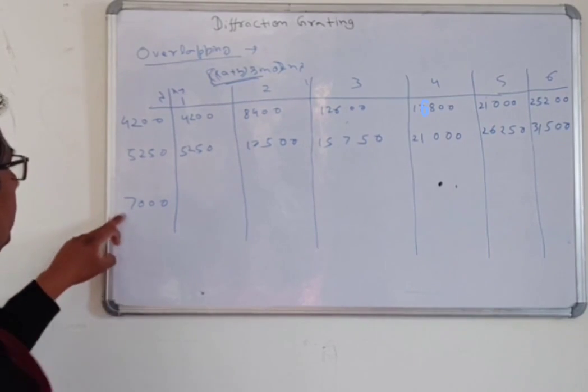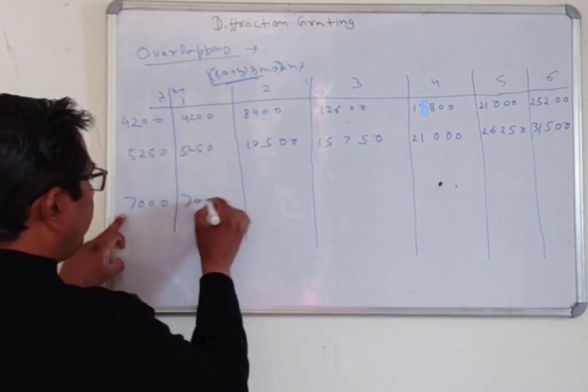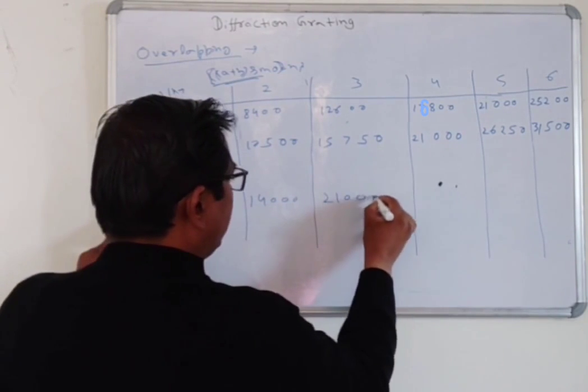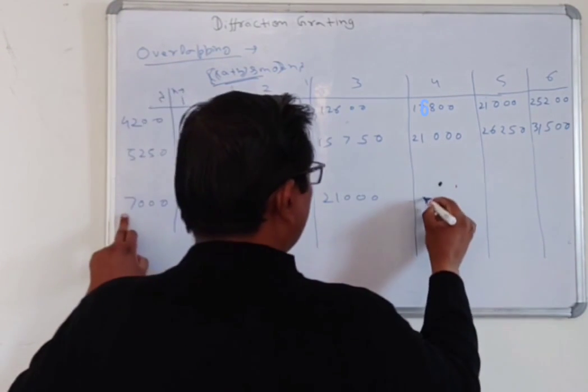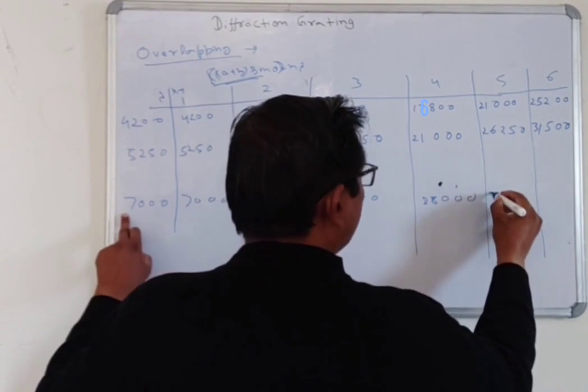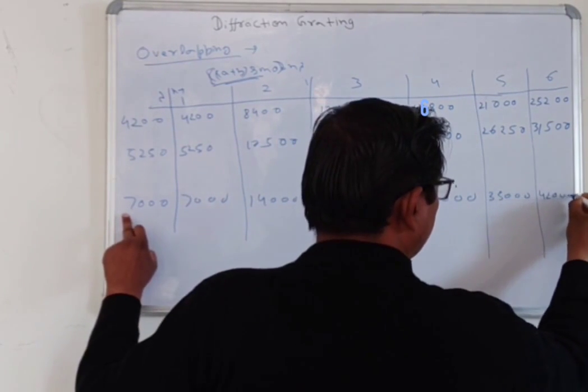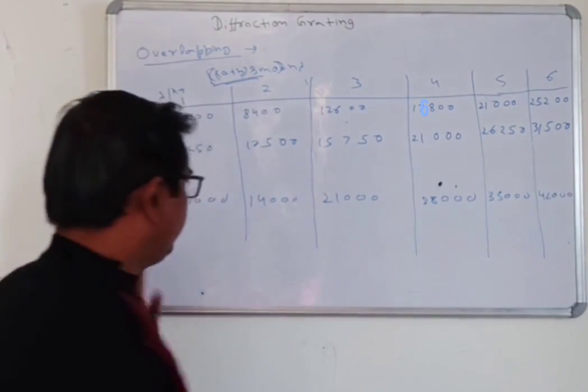Now here n is equal to 1 is 7000, 14,000, here 21,000, and here 28,000, 35,000 and 42. Now here, okay, fine.